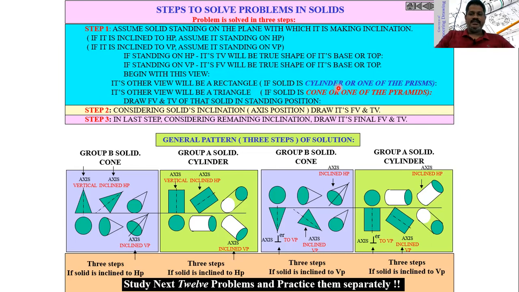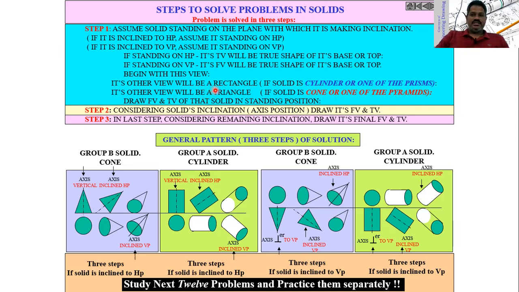If the solid is a cylinder and its base is lying on HP, the top view will be a circle and the front view will be a rectangle. That's the meaning of this sentence. Then the other view will be a triangle if the solid is a cone. If the base is lying on HP, the top view will be a circle and the front view will be a triangle. If it is a pyramid and the base is lying on HP, the top view will be the shape of the base, and the front view will be a triangle.